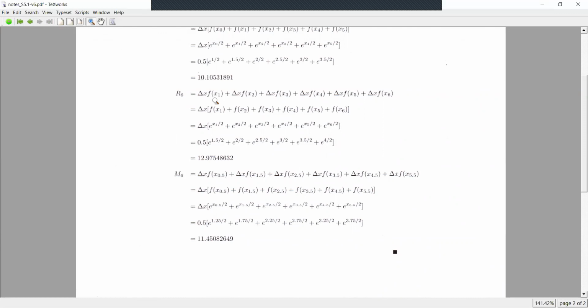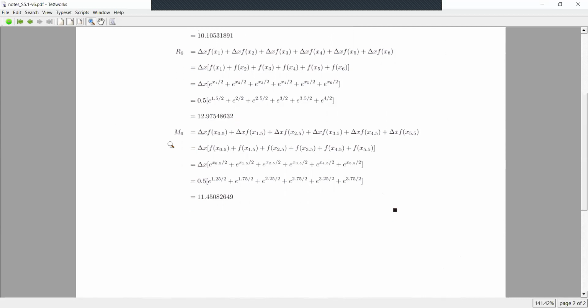Base times height is the area. The second rectangle is on the second subinterval, whose right endpoint is x2, so the function value at x2 is its height. Again, factor delta x out to get this equation, then plug in the function, then plug in the values for delta x and for x1, x2, x3. Finally, with a calculator, R6 is this number.